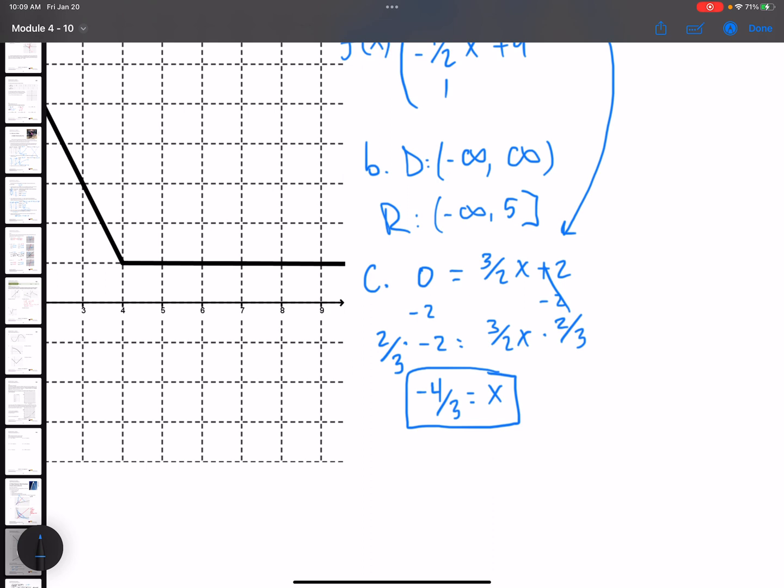What about the y-intercept? That's just trois. No, trois is 3. Deux is 2. Un, deux, trois, quatre. Yeah, I don't know that language. It's French.